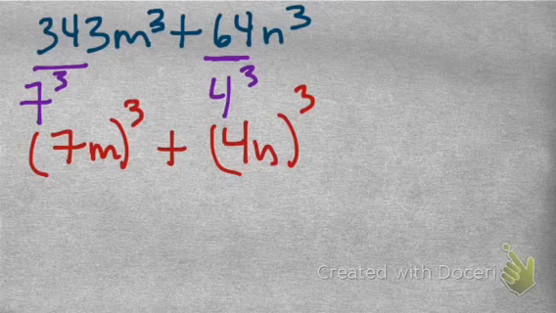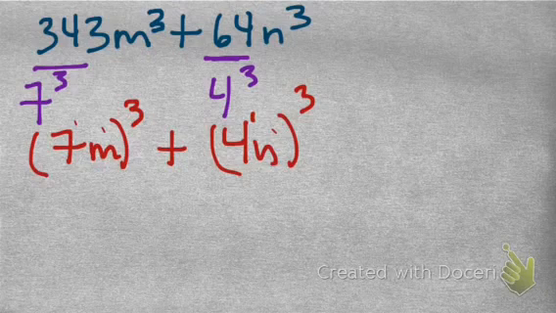Well, if I do that, I get 7 cubed and m cubed, because they each have a power 1. But I need it to be written as a quantity cubed like this, so that I can follow the pattern. I can fit the pattern of the cube.